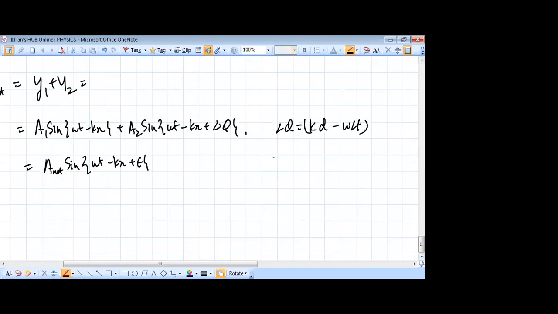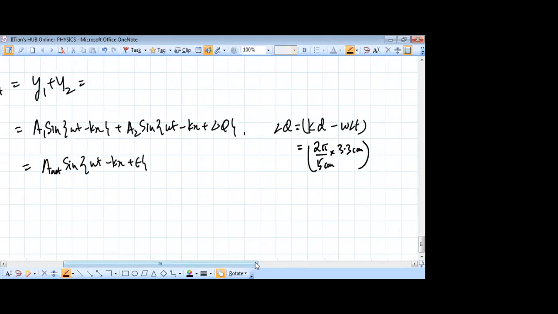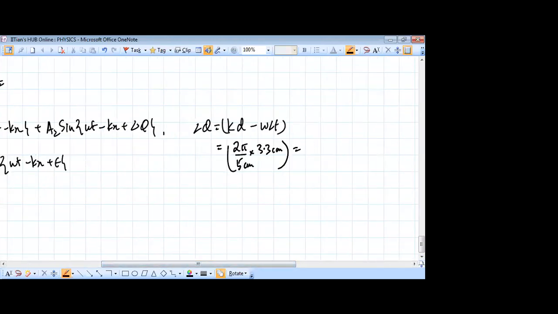So that becomes 2 pi by lambda. Now lambda was how much? It was 5 centimeters, and this one we have taken as 3.3 centimeters, and omega was 2 pi in radians per millisecond, multiplied by delta t, which was 0.25 milliseconds.